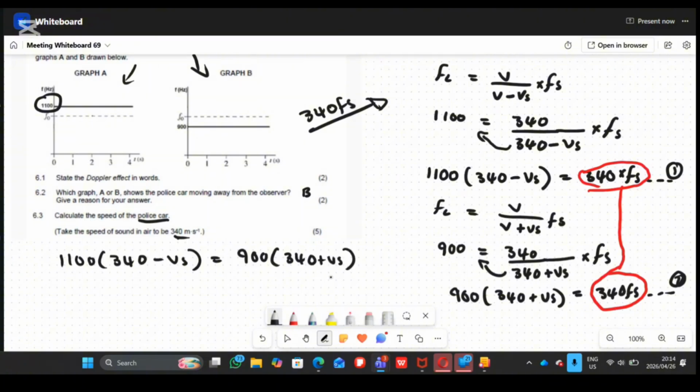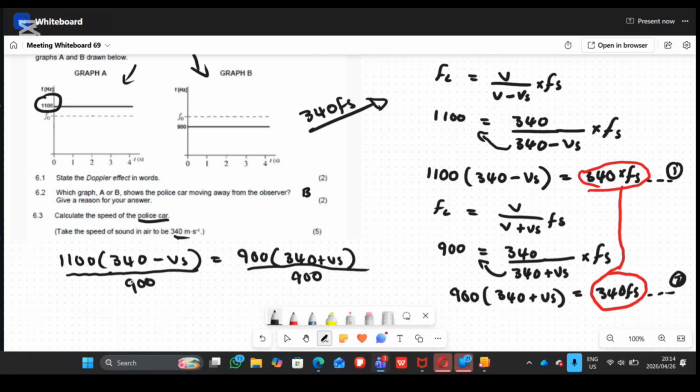Are we still together? Are we still all fine here? So far, no one is lost. Okay, so now you can just divide both sides by 900, because 900 is less than 1100, which means if you divide here by 900, you also divide here by 900.